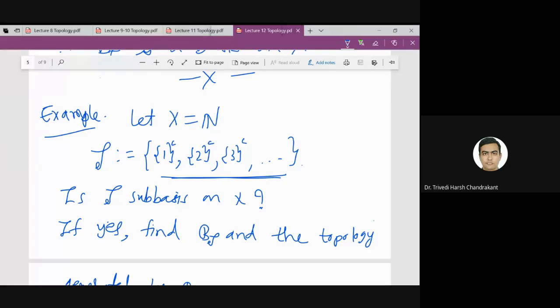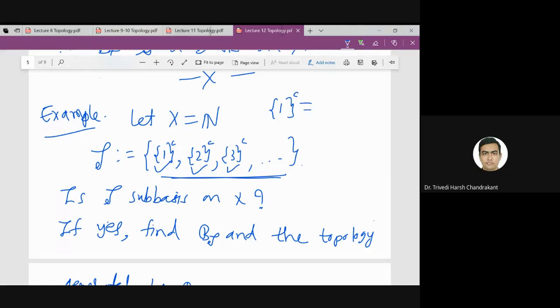So let me explain the example again. Let X equal the set of natural numbers, and I am taking S to be the family of sets. The first set is the complement of singleton 1, the other set is the complement of singleton 2, the third set is the complement of singleton 3.